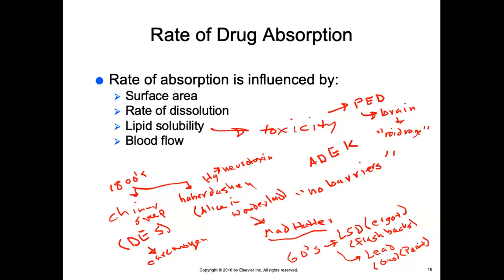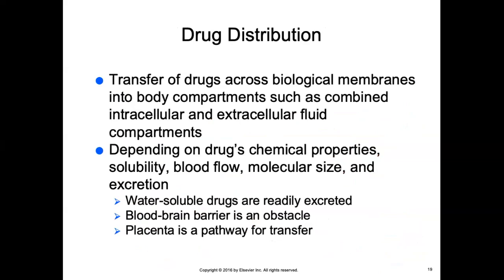Blood flow, that's the last bullet point. Drug absorption in areas of high blood flow is greater than in areas with decreased blood flow. And of course, that makes sense. The transfer of drugs across biological membranes into body compartments, such as combined intracellular and extracellular fluid compartments, is part of drug distribution.